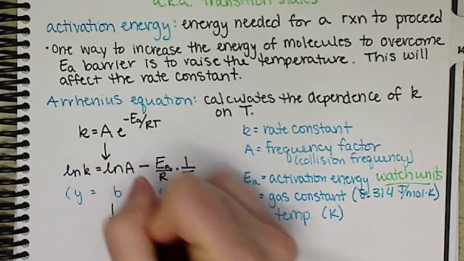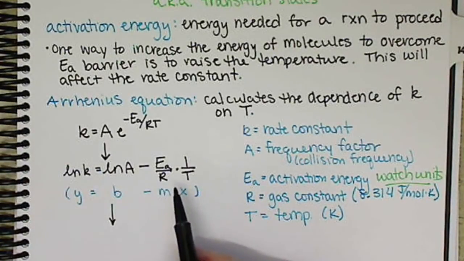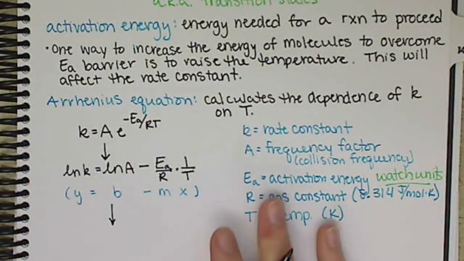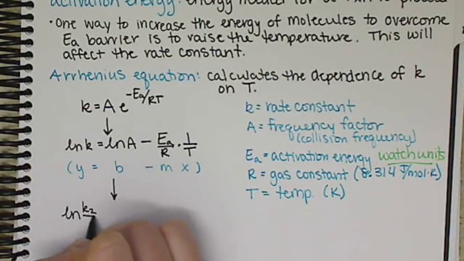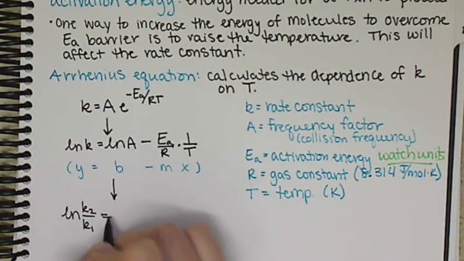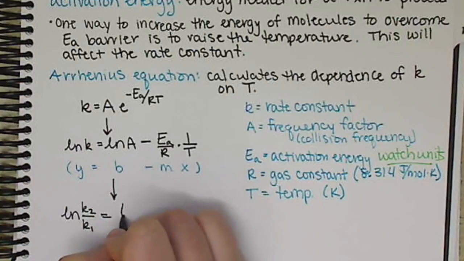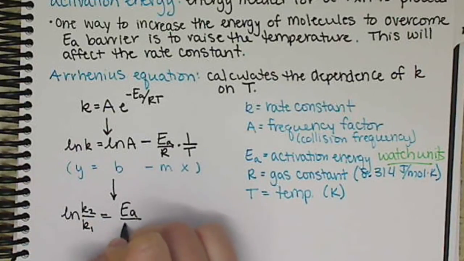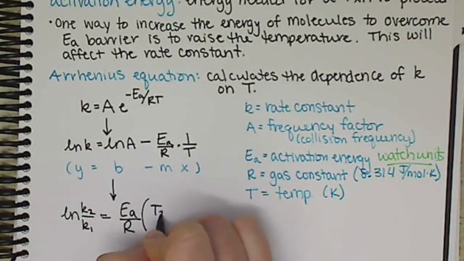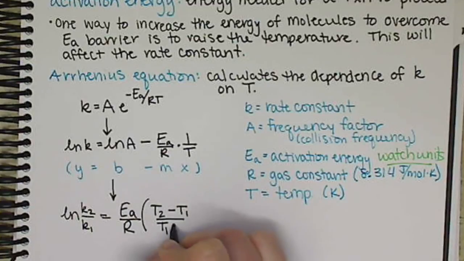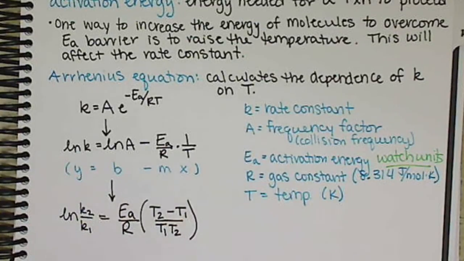Or we can put this equation looking at two different temperatures. We have the natural log of k2 over k1 is equal to the energy of activation over R times (T2 minus T1) divided by (T1 times T2).